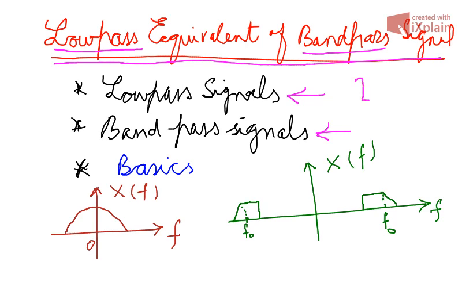and to understand these two types of signals, we need some basic knowledge from our undergraduate course. I'll revise those basic concepts which are required to understand band pass signals and their low pass equivalent.